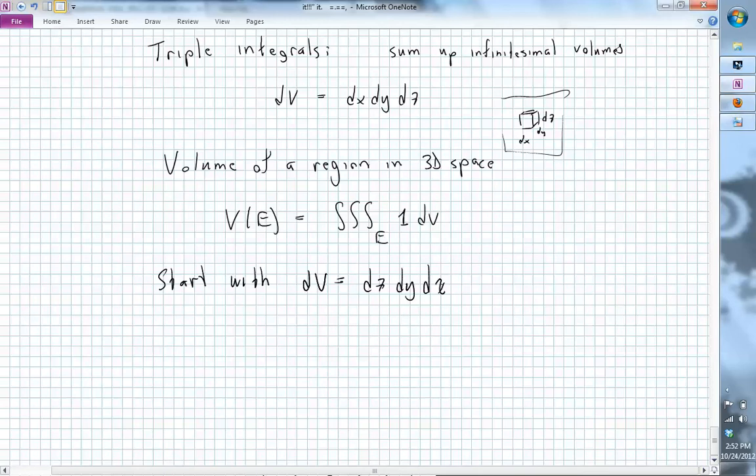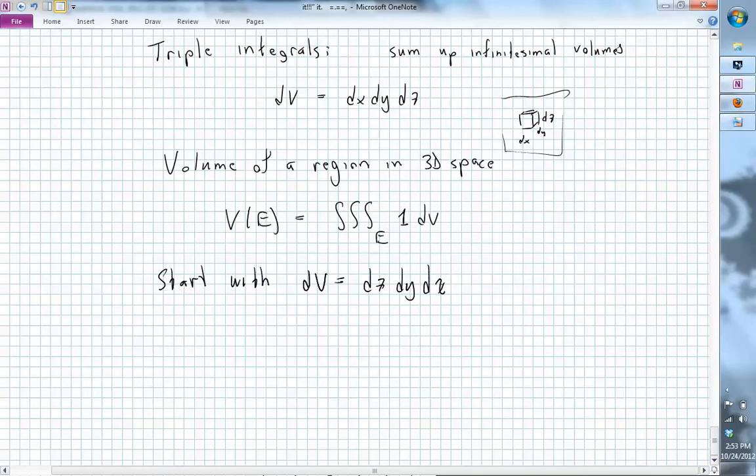But you should know that just like the double integral where you can reverse the order of integration, with the triple integral you can shuffle the order of integration to any order that you like and still get the same result. In double integrals, how many different orders were there? There were 2, right? In 3 dimensions, how many different ways can we shuffle? 6.